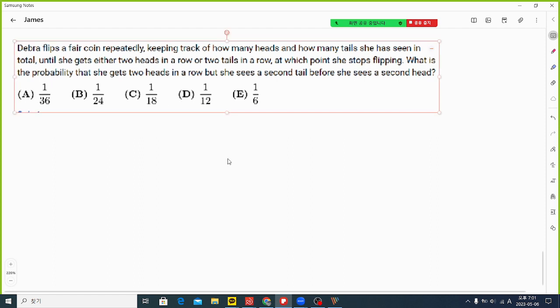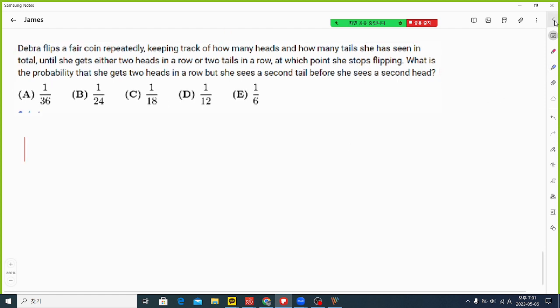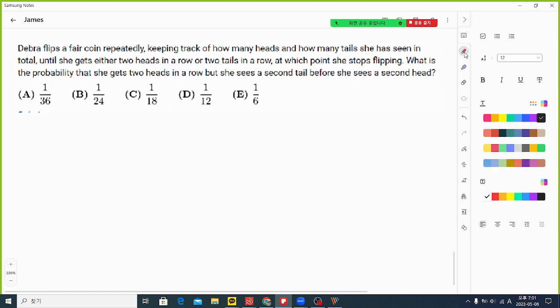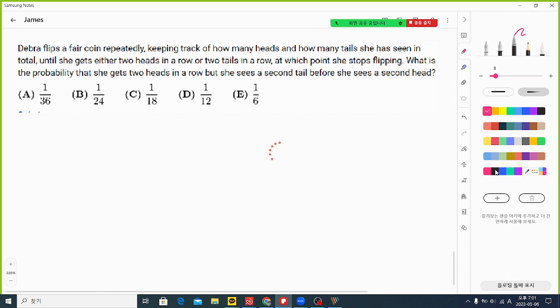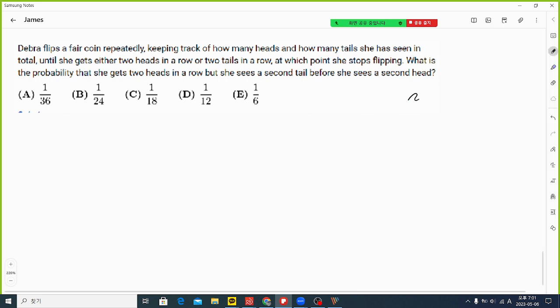Yeah, so in this problem, she will have 2 heads in a row, and the game finishes. So the last two should be 2 H's.